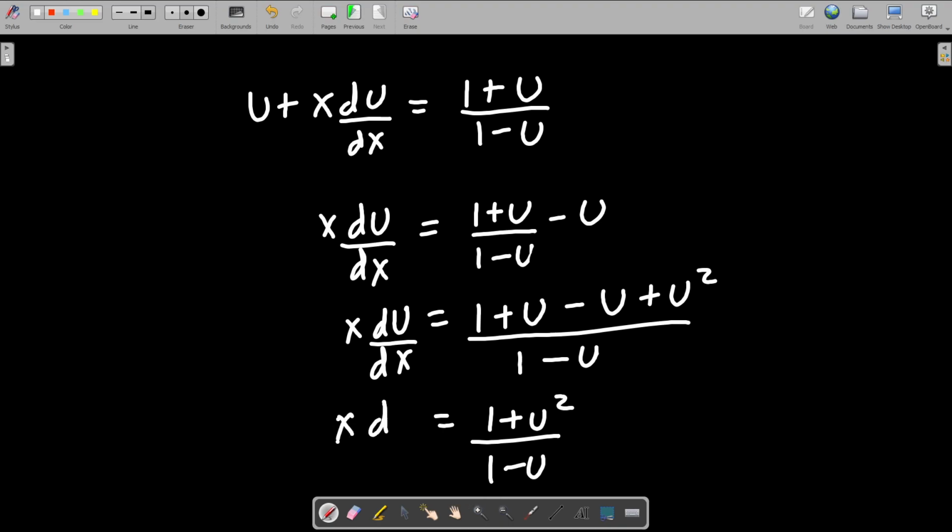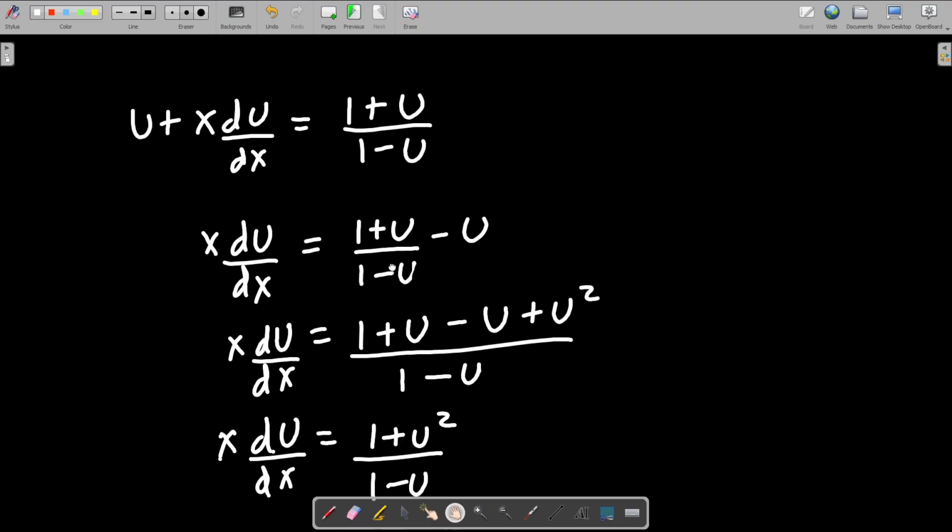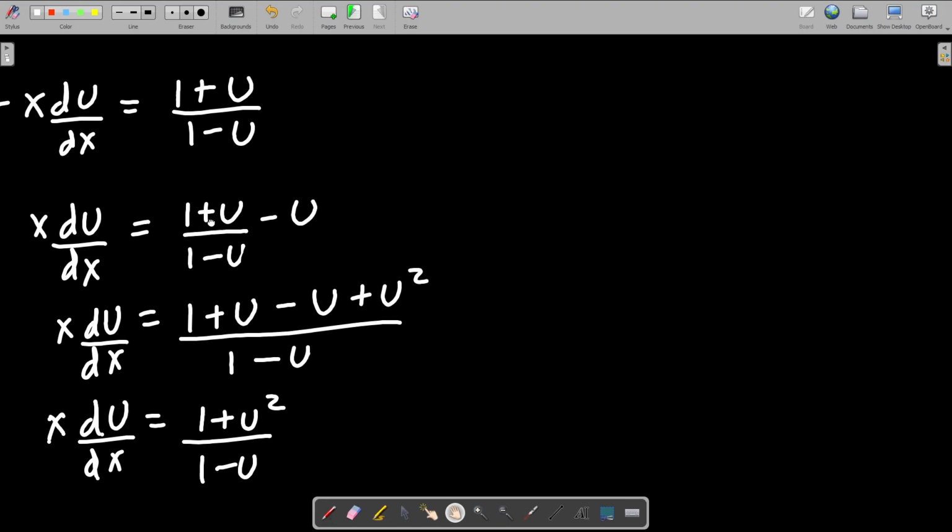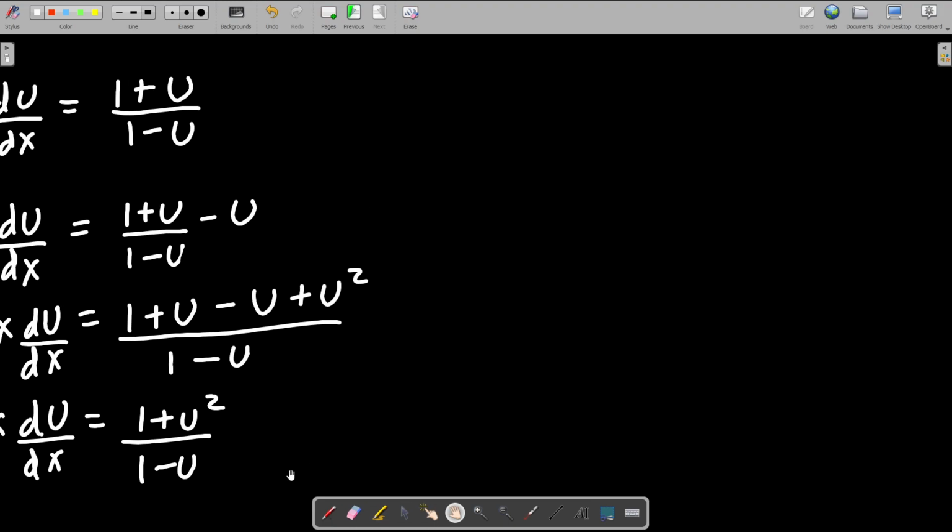Okay. So du/dx becomes variable separable now. So it's variable separable at this point.